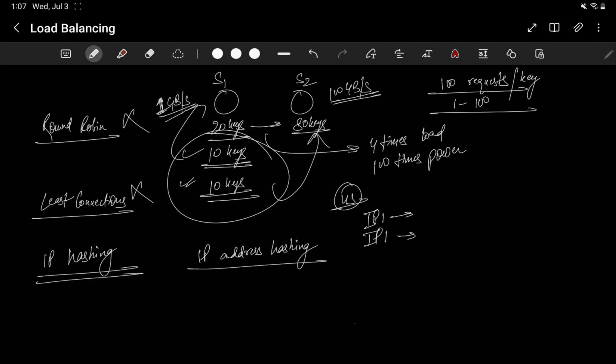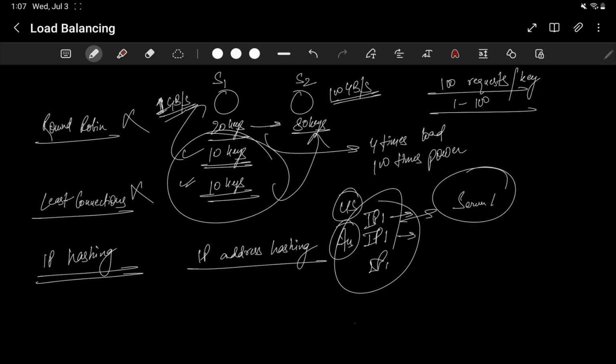If multiple addresses hash to the same value, while other hashes are free, all of these will go to the same server, let's say server 1. Even though other servers are empty, since the hash gives us IP1, everything will go to server 1. That is the problem with the IP hashing approach.